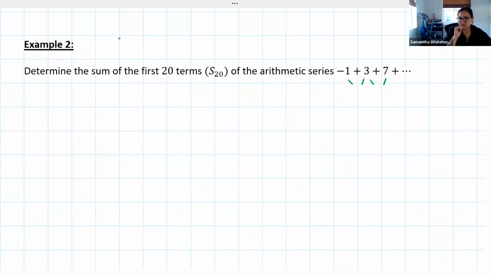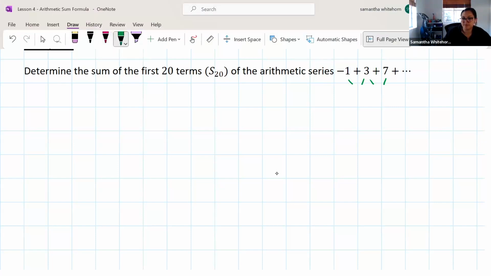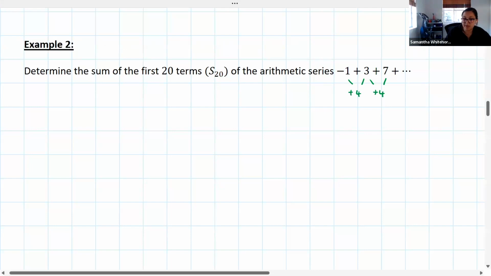What is my constant difference? Nice, thank you. Okay, guys, exactly. We're adding 4 each time. -1 plus 4 is 3, 3 plus 4 is 7, and so we would keep going.